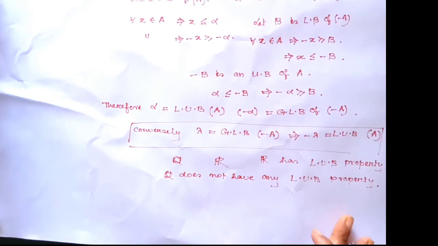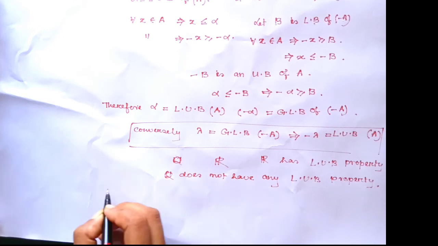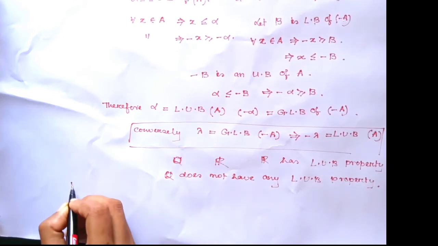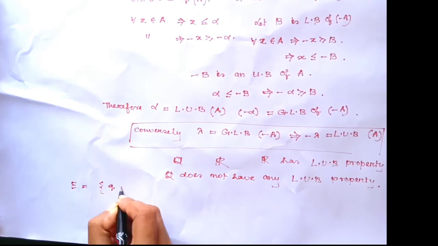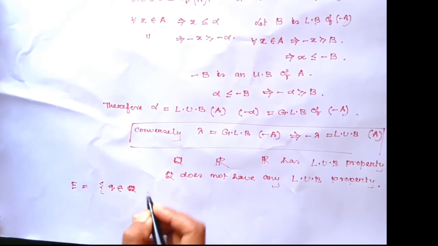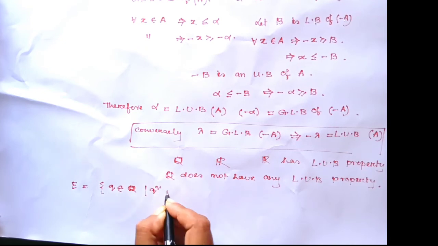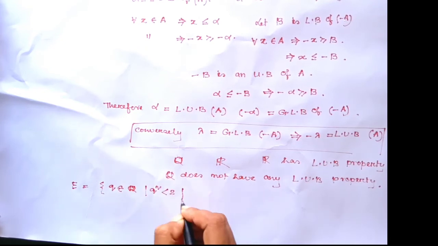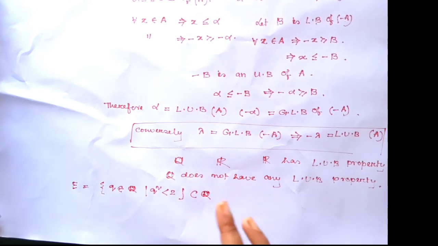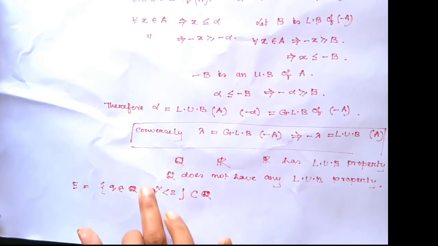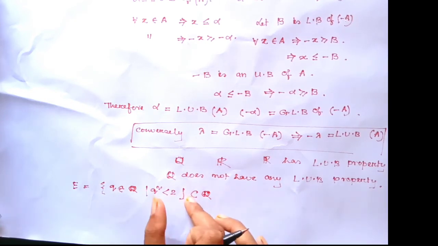Let us consider the subset E equal to the set of all rational numbers q belongs to Q such that q square is less than 2. This is a subset of Q. Have you understood it?